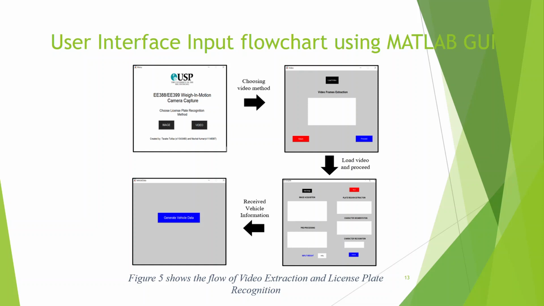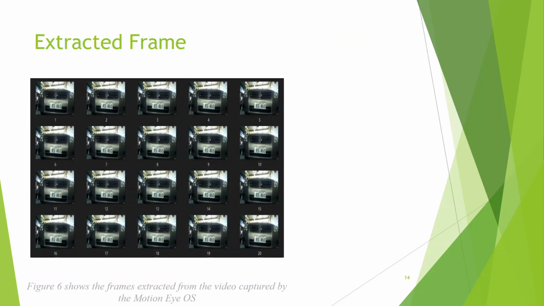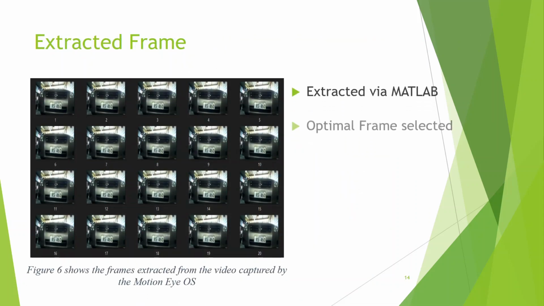After the video is processed and all the frames extracted, the system will proceed to the license plate recognition and weight input. After the license plate is extracted, the information will all be saved and generated into an Excel file. This slide shows how the video was processed and all the frames extracted and saved. The system will then select the optimal frame for the image processing.